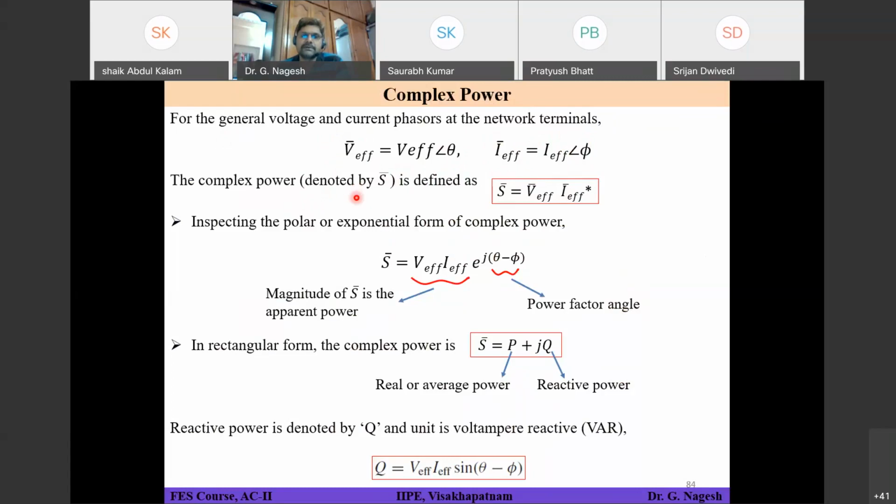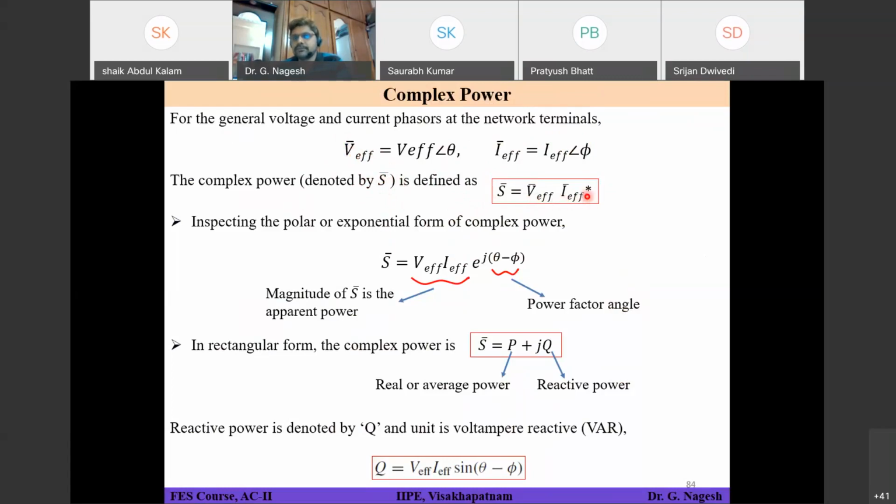The complex power is denoted by S bar, because this is also a complex number, so it can be called a phasor. Similar to phasor notation, where you defined V effective bar, similarly S bar. It is represented as V effective into I effective conjugate.